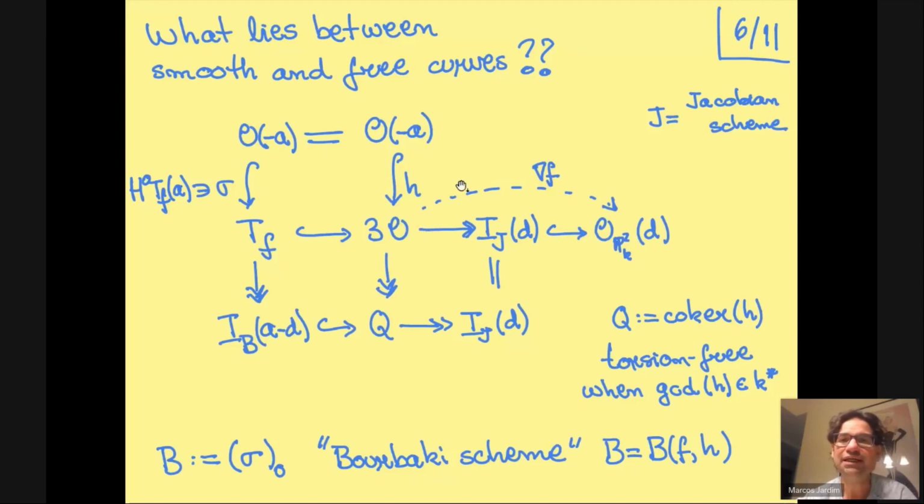So this nabla f here is our Jacobian morphism. This is the morphism that I put in the first slides, just the partial derivatives of f. Then the ideal sheaf, this ideal of the Jacobian scheme, is the image of this nabla f. Now, H, as I mentioned a few slides ago, is a syzygy.